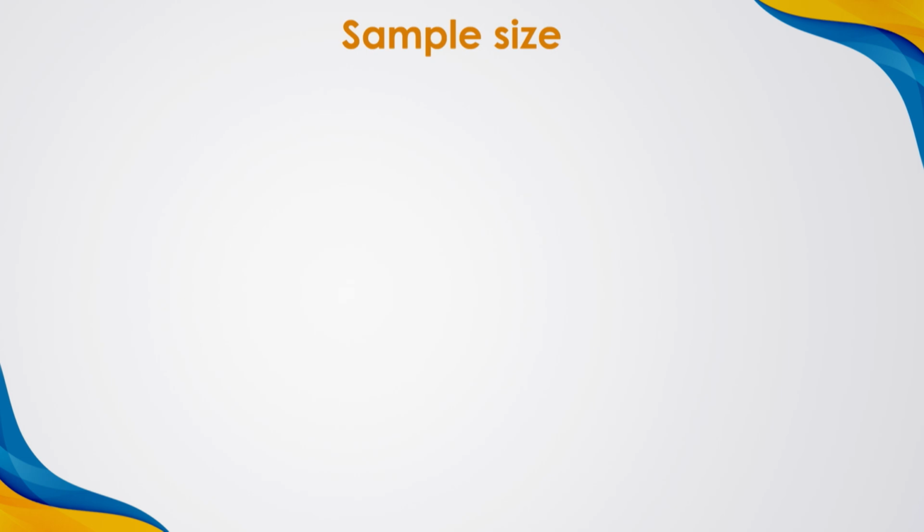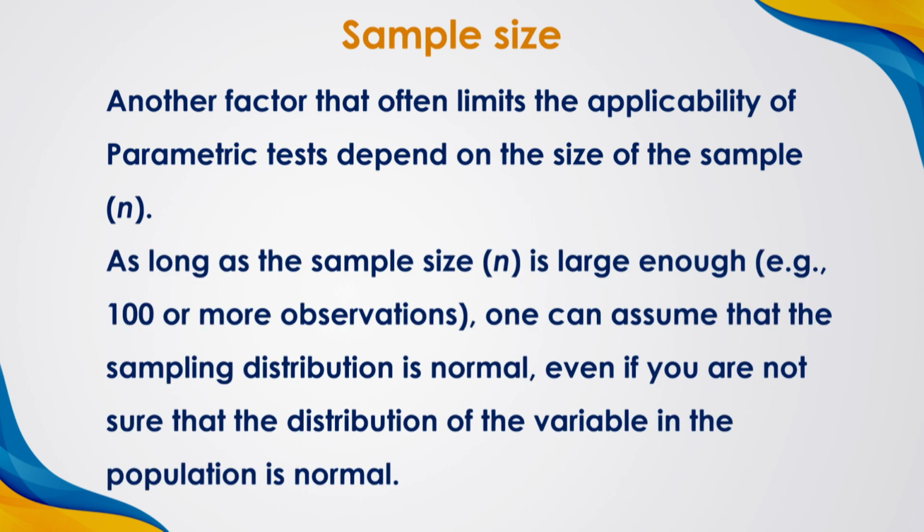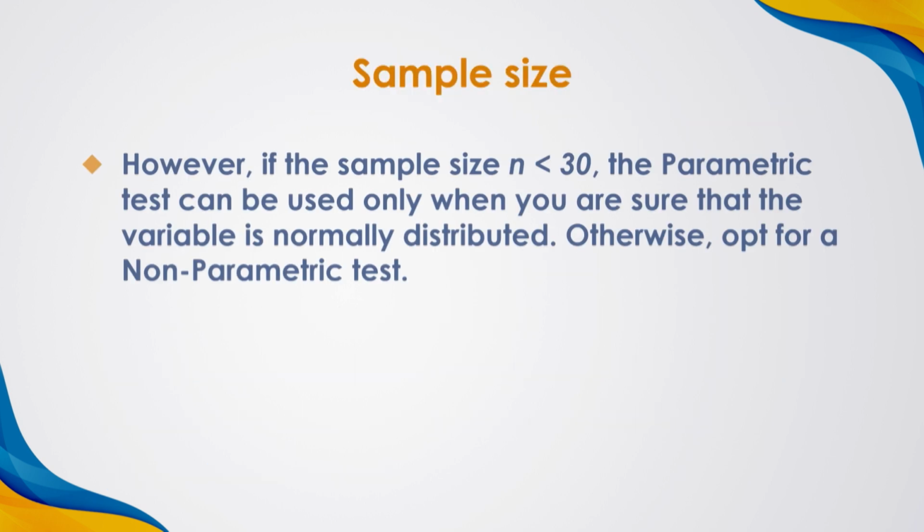In such cases, choose non-parametric tests. It also depends on sample size. Another factor that often limits the applicability of parametric tests is the sample size n. As long as the sample size n is large enough, that is more than 100 observations, one can assume that the sampling distribution is normal, even if you are not sure that the distribution of the variable in the population is normal.